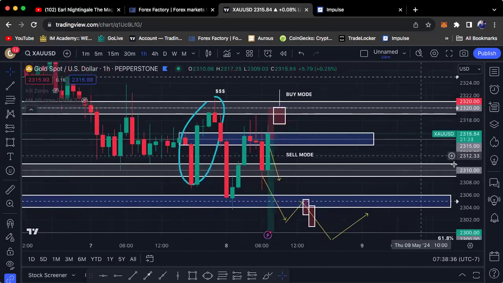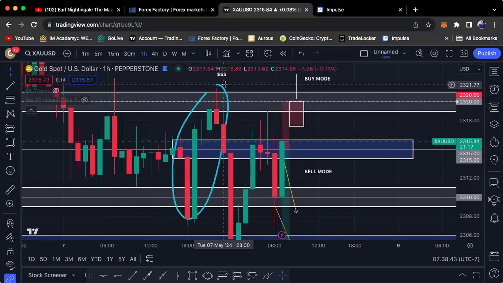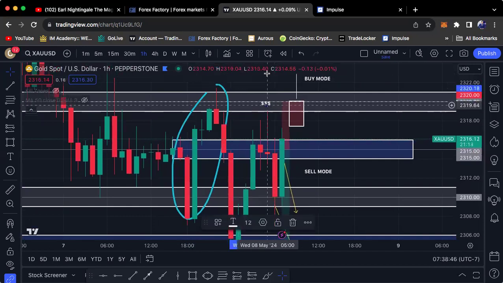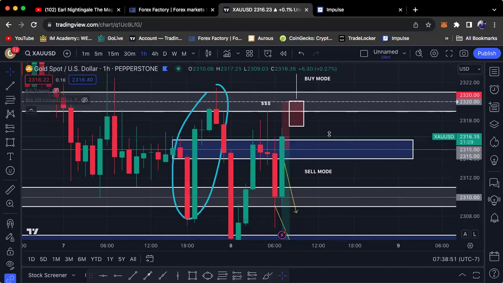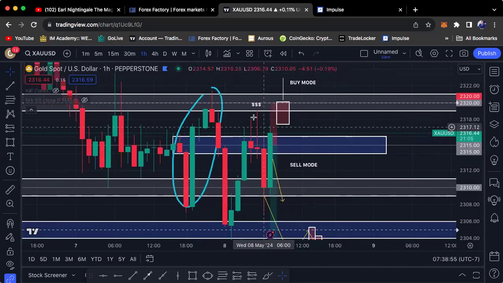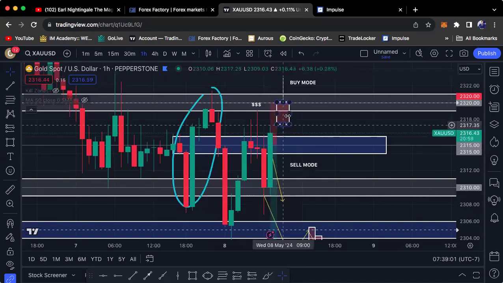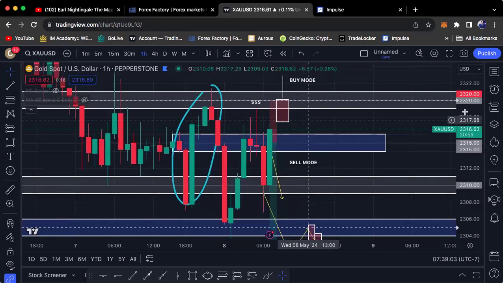It may come up to liquidate these highs as well. This is all liquidity. Where is the money? You gotta look for the money. Just like Grant Cardone, where's my money? Where's my money in the markets? It's liquidity here, liquidity here. So it may come up to liquidate here, wick, and it gives me a bearish candle, then boom, that's a sell confirmation.